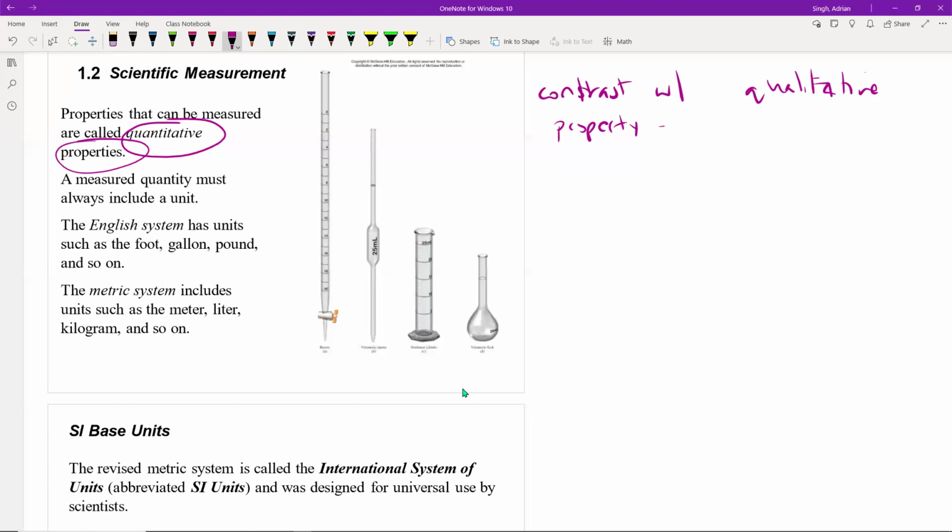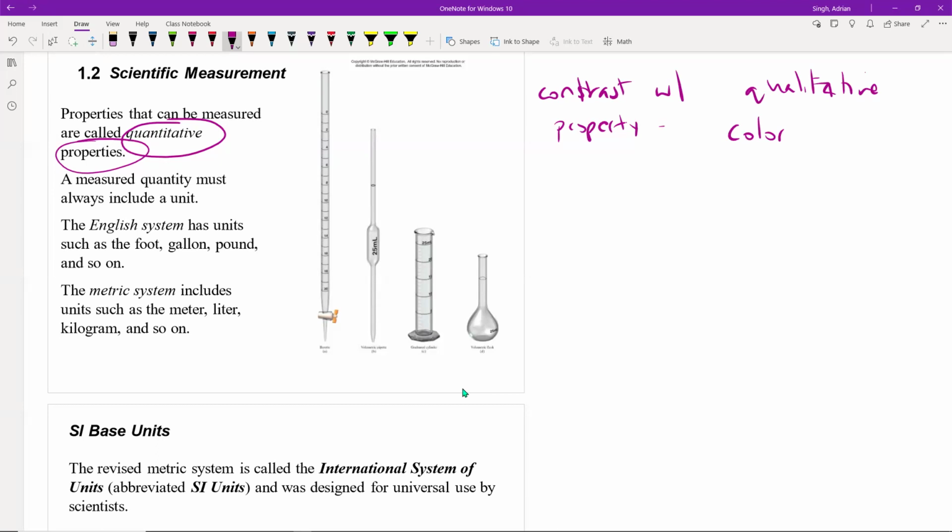So for example, the color of a substance would be an example of a qualitative property, versus the mass of something would be quantitative. Okay, so we're going to focus here on quantitative properties called measurements.